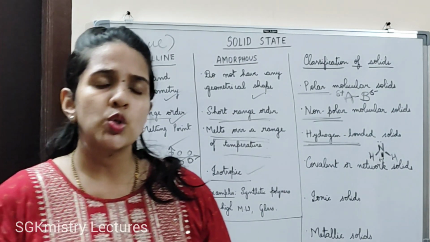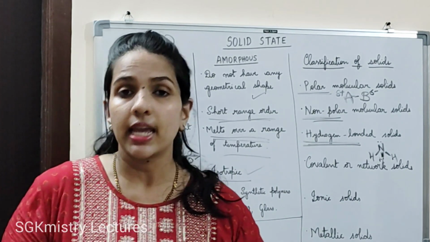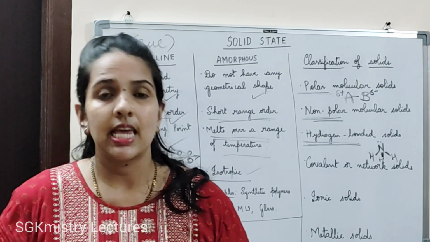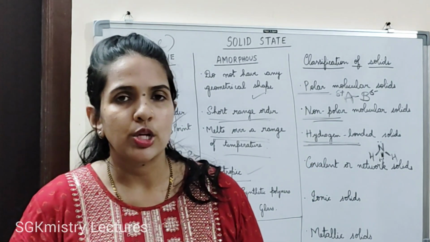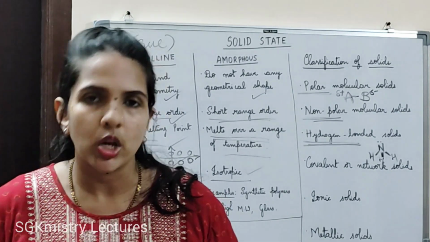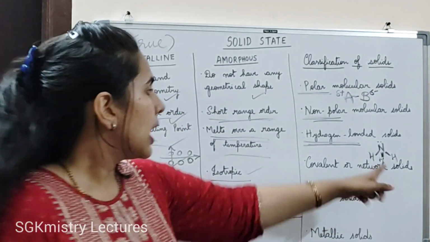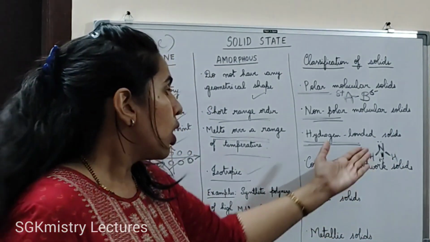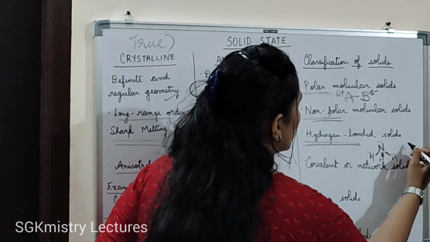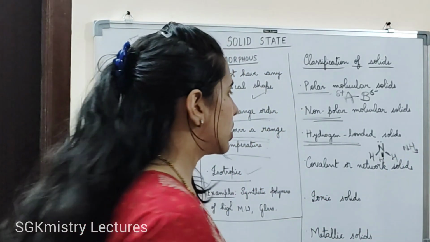Again, in hydrogen bonding we have two different types: intramolecular hydrogen bonding and intermolecular hydrogen bonding. In case of ammonia, there is intermolecular hydrogen bonding. Intermolecular is nothing but hydrogen bonding between different molecules. Here we have an electronegative nitrogen atom and electropositive hydrogen atom. This is one molecule of ammonia. Let us imagine there is one more NH3 molecule nearby.